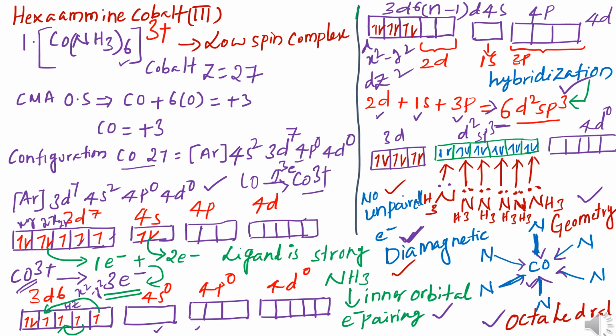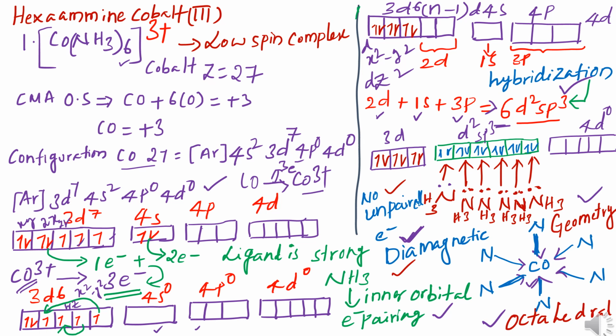Now we'll take a coordination compound linked with a strong field ligand, that is hexaamminecobalt(III). Basically here the central metal atom is cobalt, whose atomic number, indicated by Z, is equal to 27. What is the oxidation state of the central metal atom?